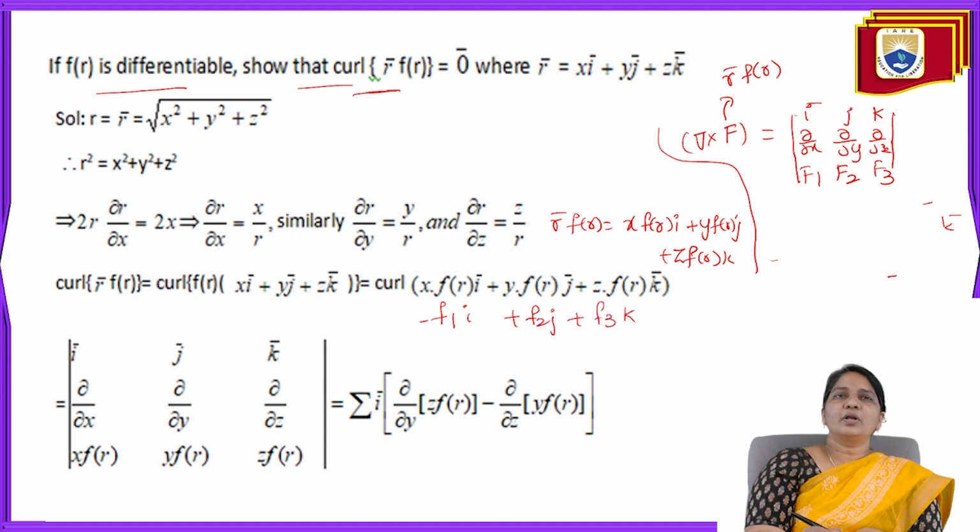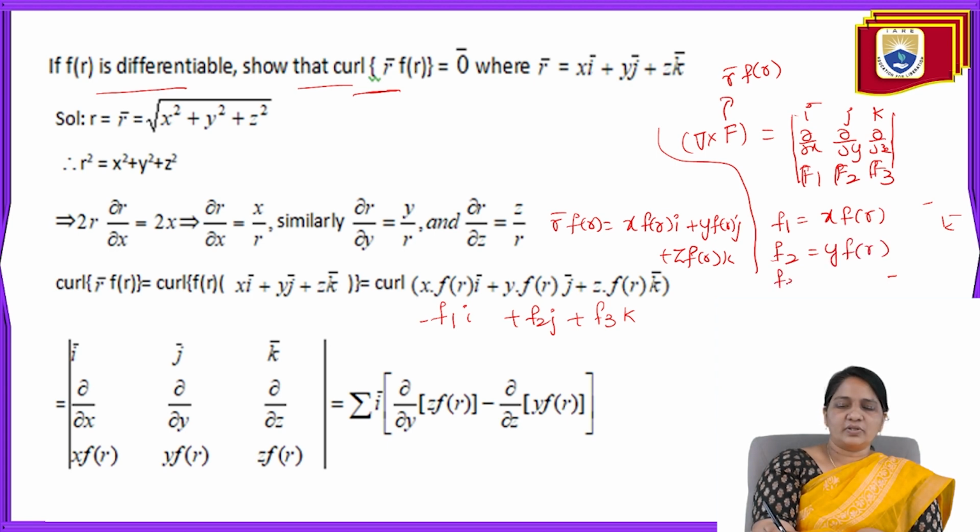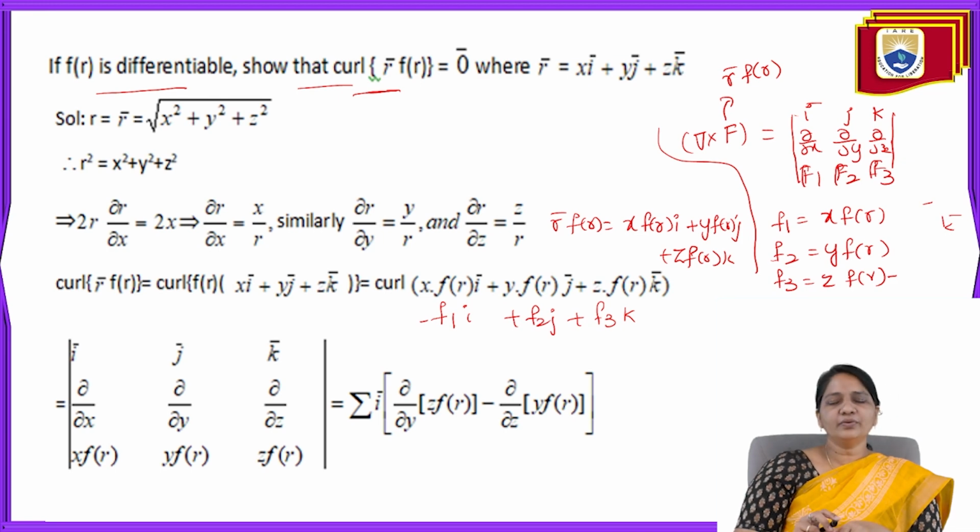So according to that, what is the f1 value? F1 equals x into f of r. Next, f2 equals y into f of r. Next, f3 is z into f of r. Now we are writing here to find out the curl of r into f of r.